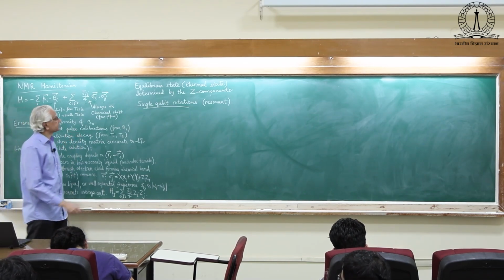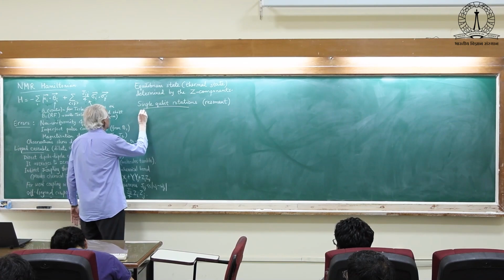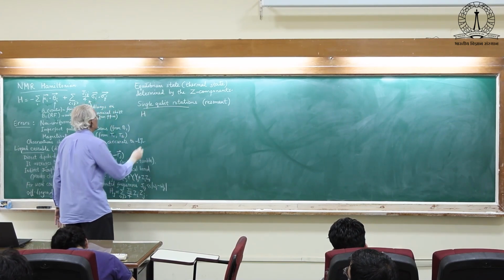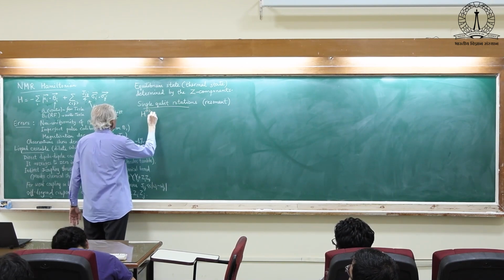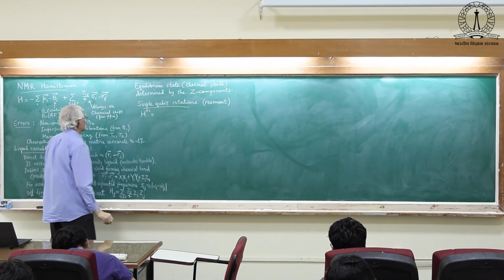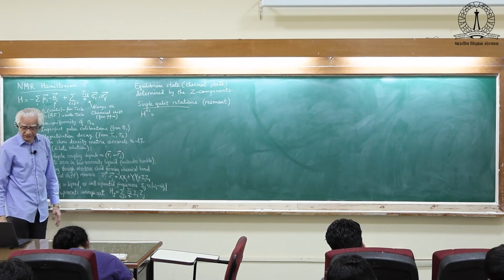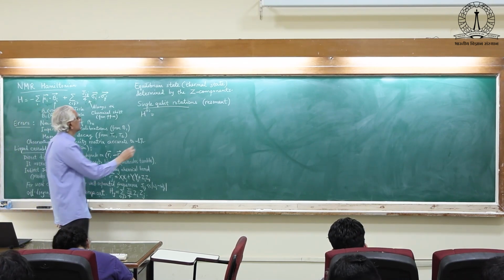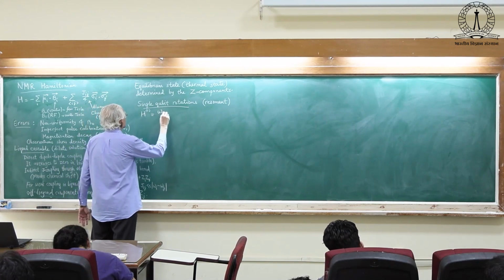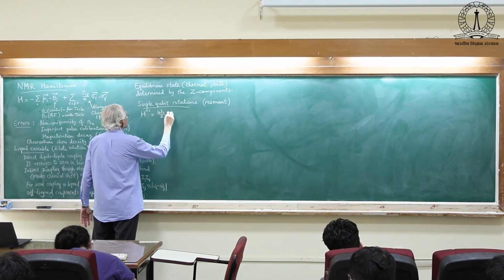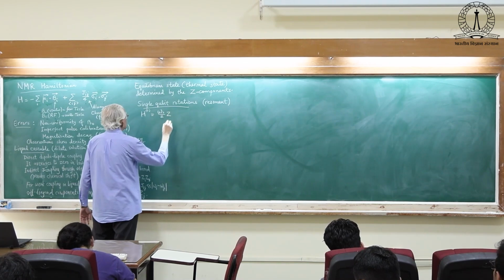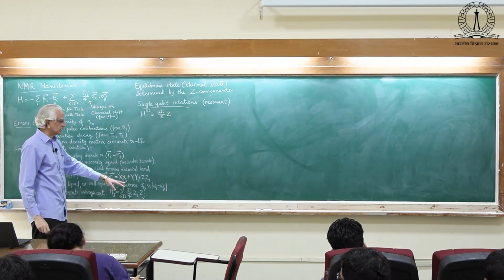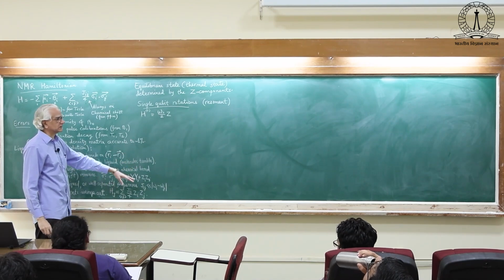So let me write down this H, just call it the one qubit part. What is its generic structure? I will just drop this label I and J, which keeps track of which nucleus is there.